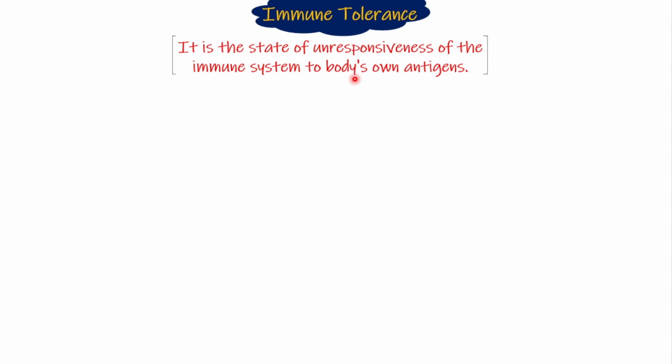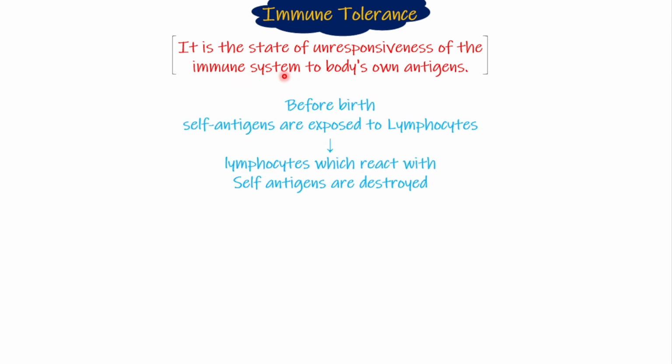It just responds to foreign antigens. It means that the immune system does not attack our own body antigens. Or basically, our body is tolerant to its own antigens. So how is this immune tolerance developed in the body?